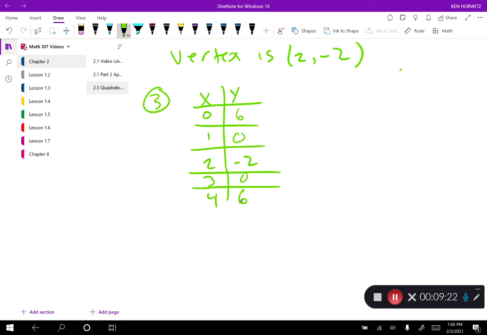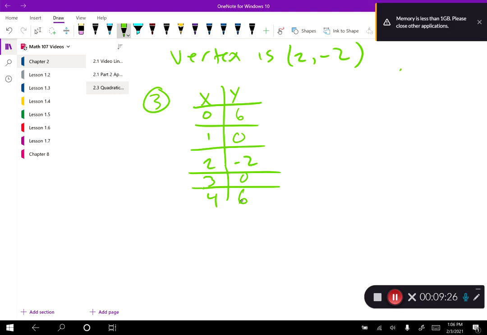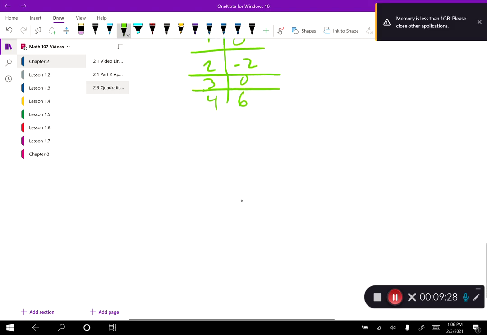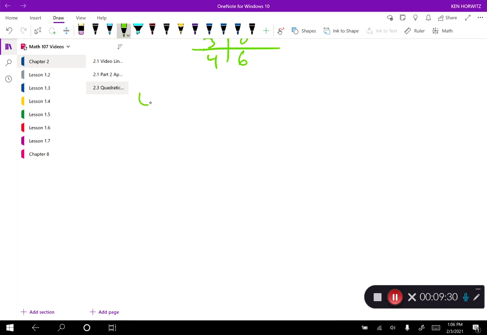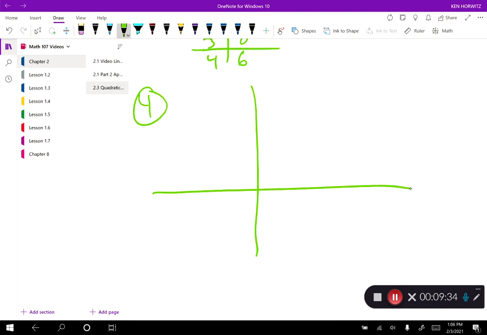So now all you have to do is plot the points and connect the dots, which is really great. All right, so your last step, 1, 2, 1, 2, there's your vertex, and then 0, 0.